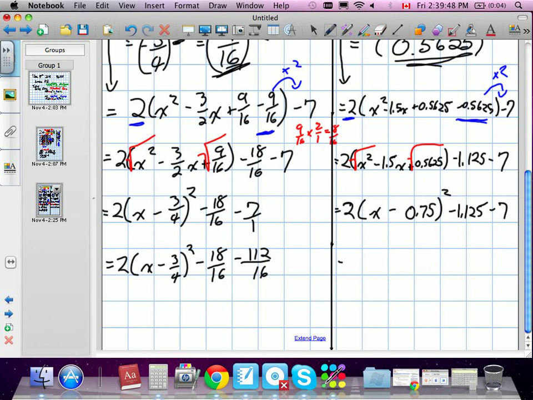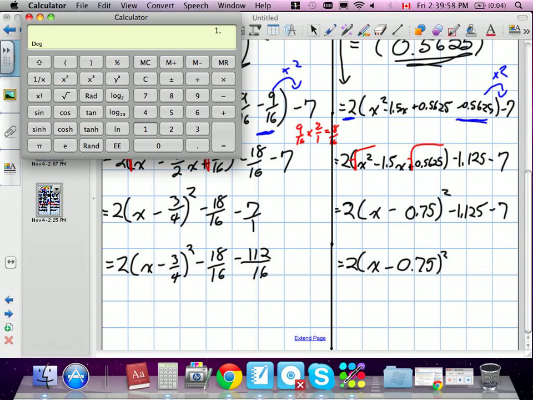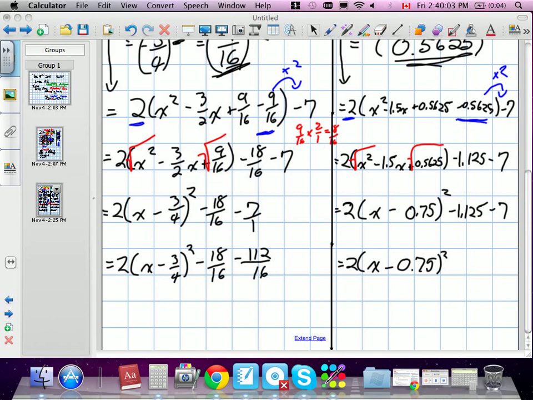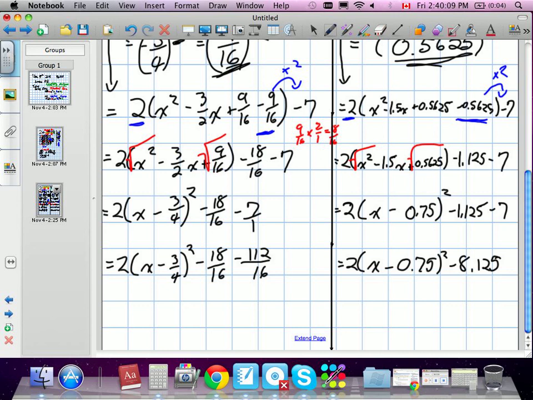We have to have a common denominator. While on the other side, I can use the calculator to quickly solve in decimal form exactly what my k value is. I'm going to have negative 1.125 minus 7, which will give us negative 8.125. So negative 8.125. So we're already in vertex form on that side. Just one extra step over here. We're going to get negative, is it 130? Yeah, negative 130 over 16.